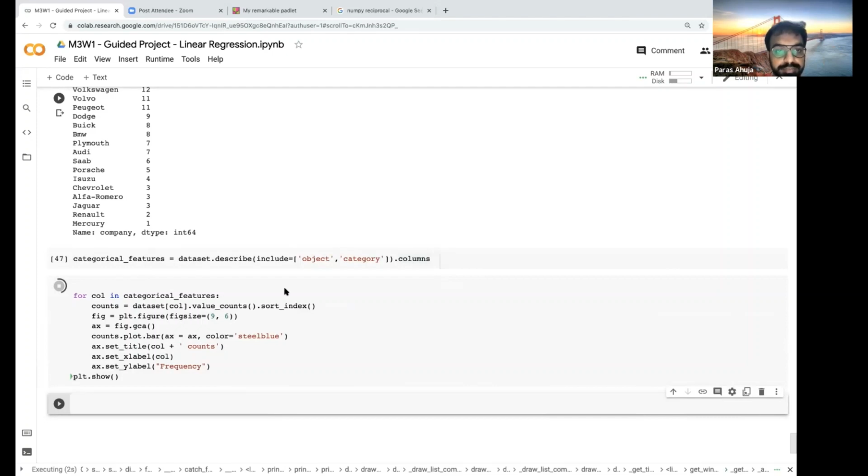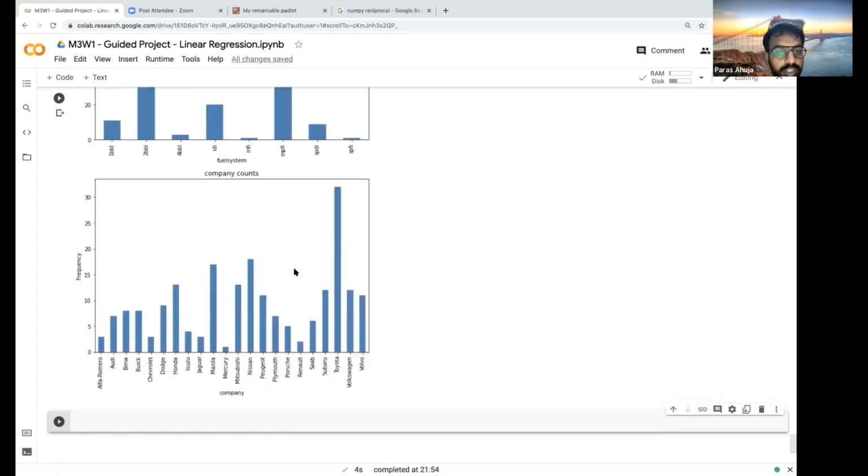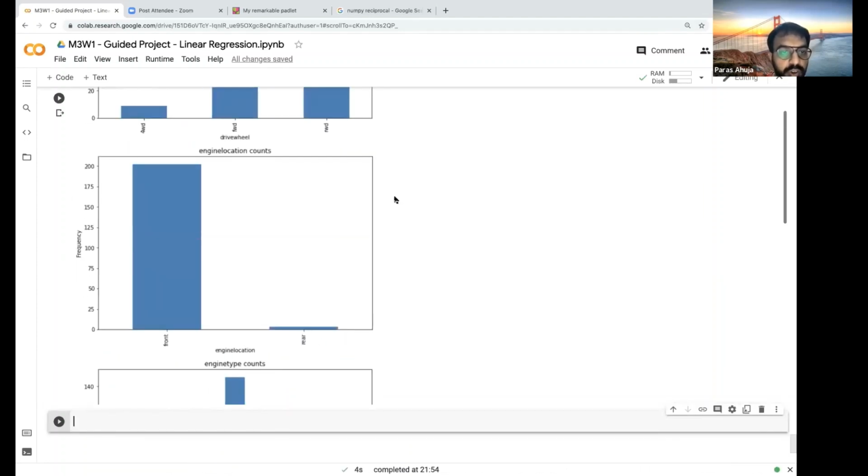Okay, I'll paste it. Okay, so now we have the graph generated for all the categorical columns.